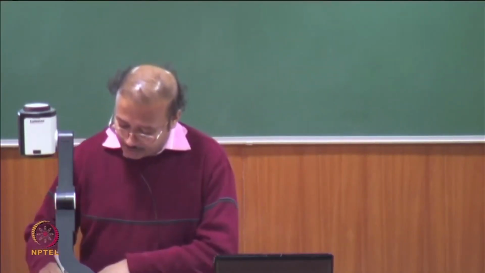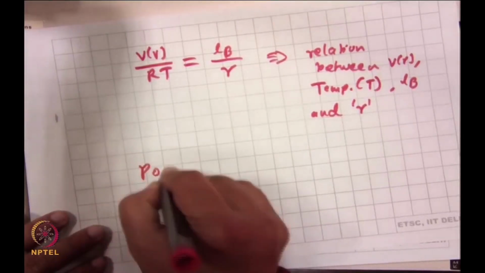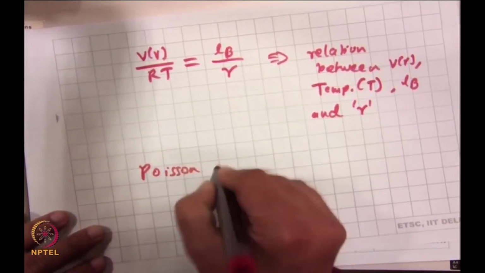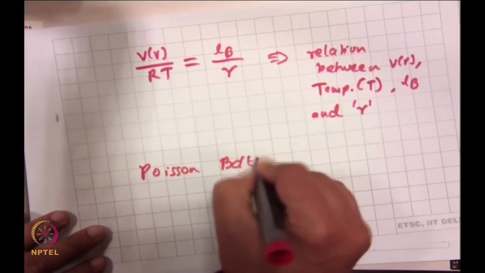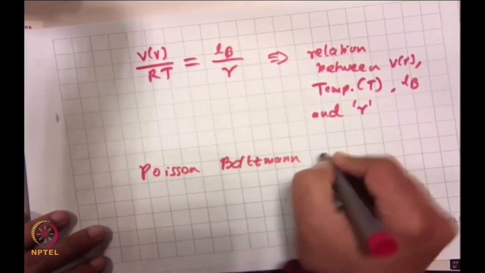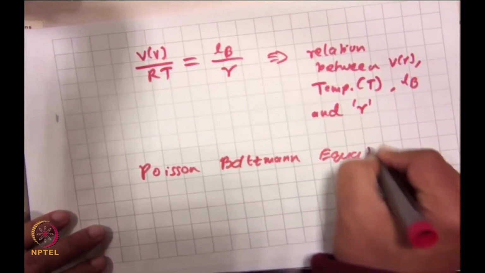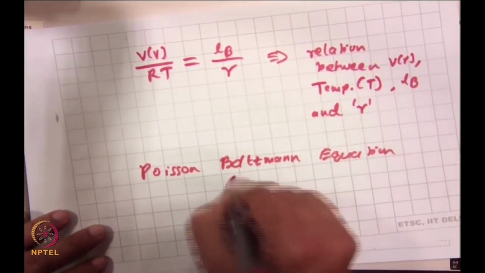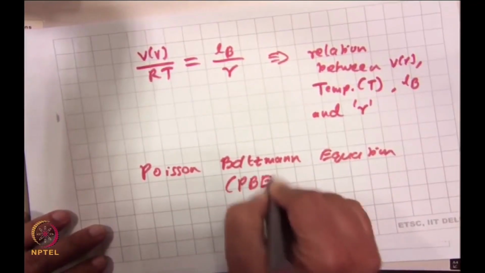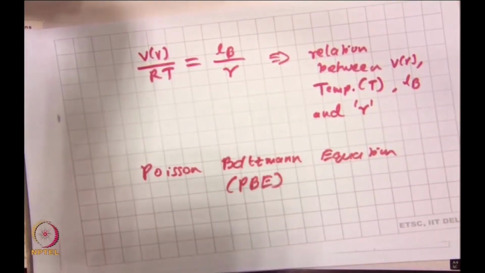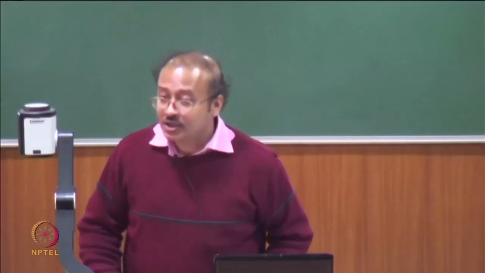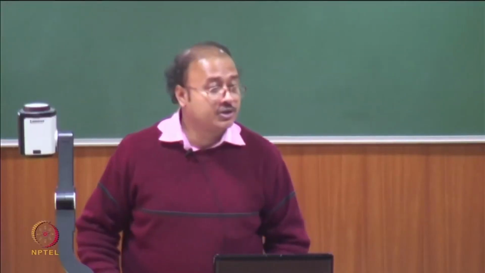We will introduce something known as the Poisson-Boltzmann equation. PBE is the short form. It will tell you more about these electrostatic interactions, these charge-charge interactions.